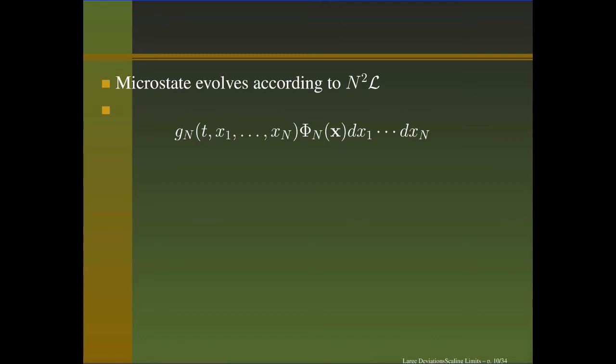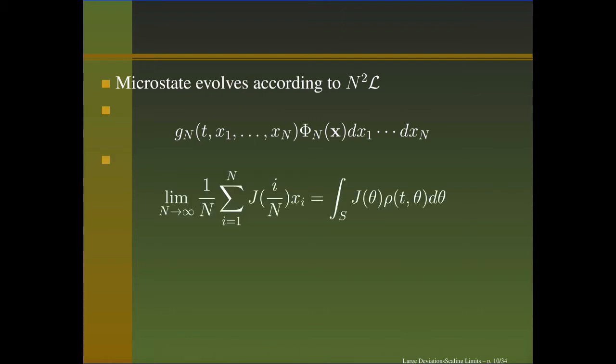And we want to show that although it's random, with probability nearly 1 there is a macroscopic deterministic profile rho t theta, which is the limit of these objects defined weakly. So what we need to check is there is some rho t theta that satisfies this. And rho t theta would then be the macroscopic state of the distribution that evolves in time.